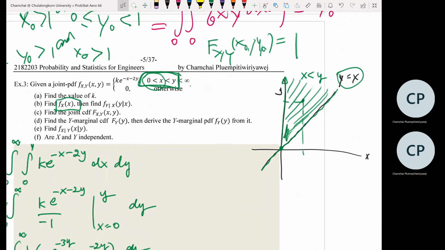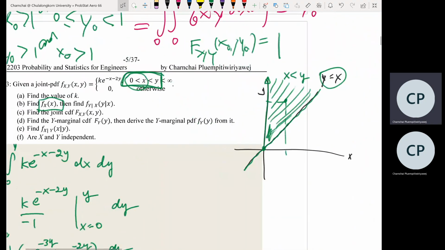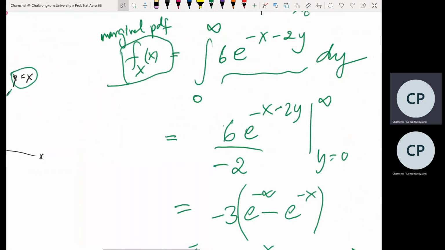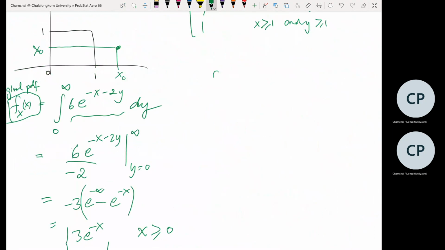Okay, next is the conditional, right? The conditional f of y given x, okay. f of y given x, what is it equal to?